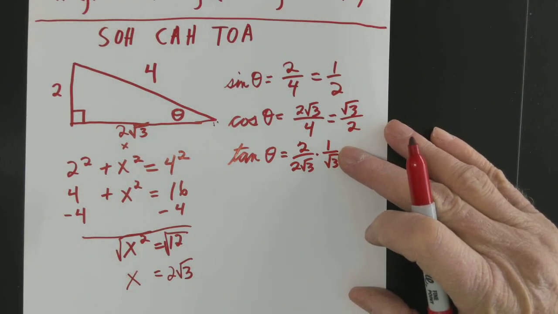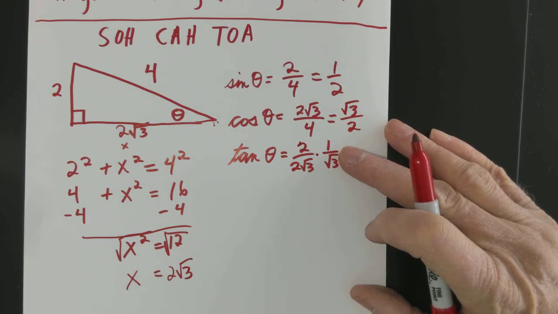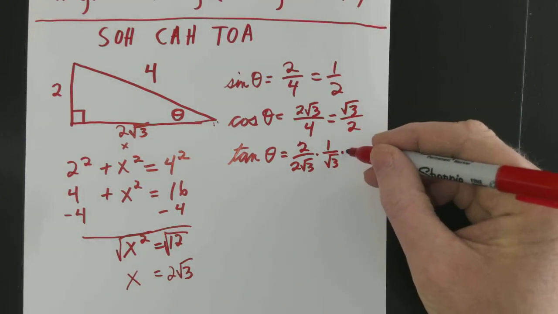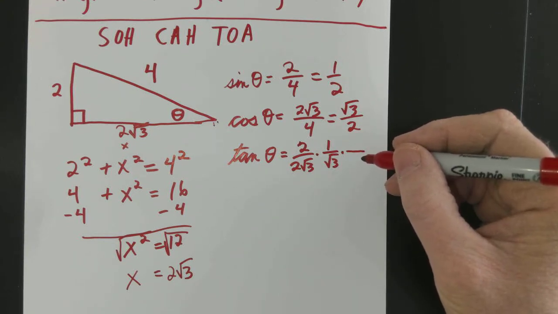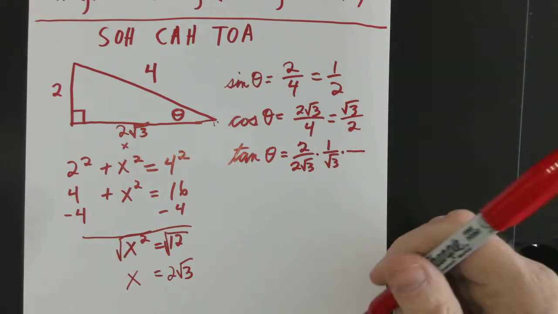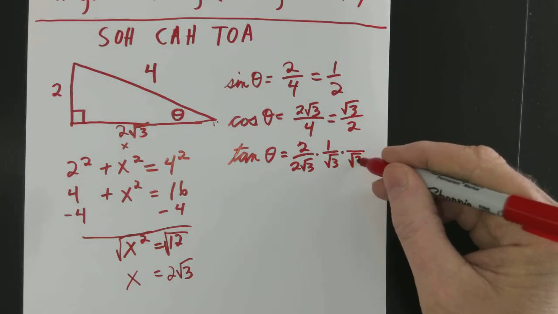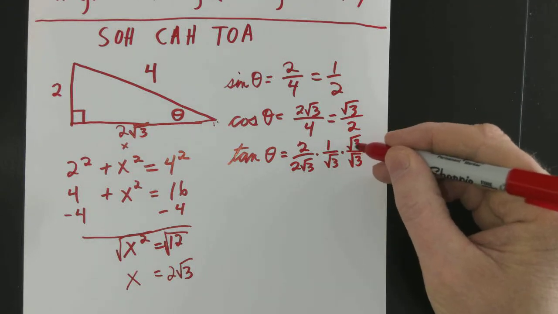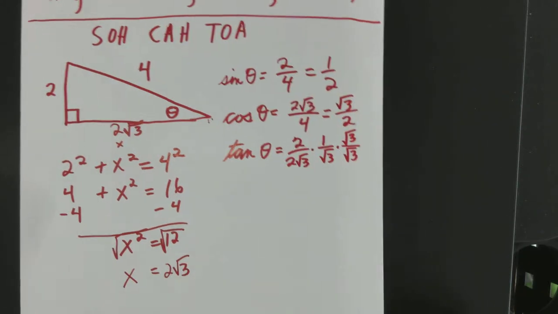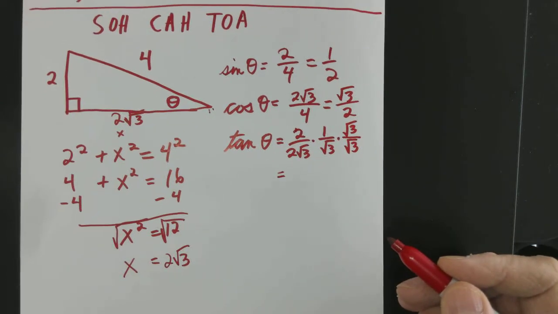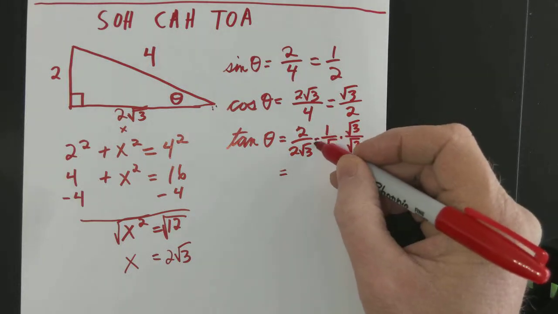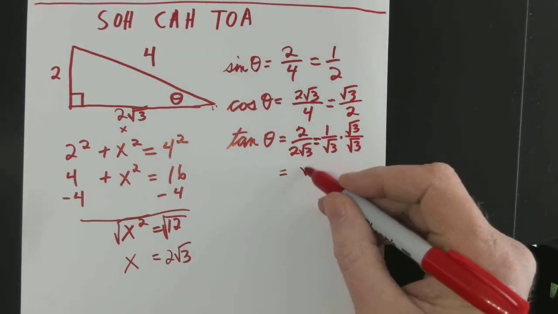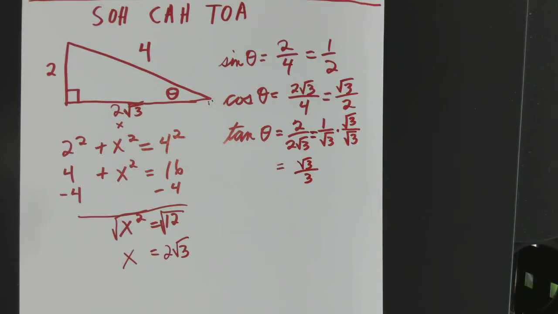Is it in simplified form? We need to, remember the term, rationalize the denominator. So we're going to go square root of 3 over square root of 3. The tangent of theta equals, okay, radical 3 over 3. Everybody good there for the tangent of theta?